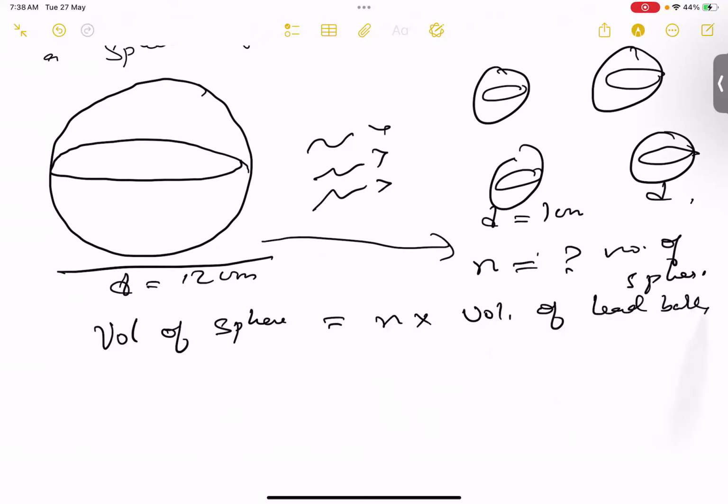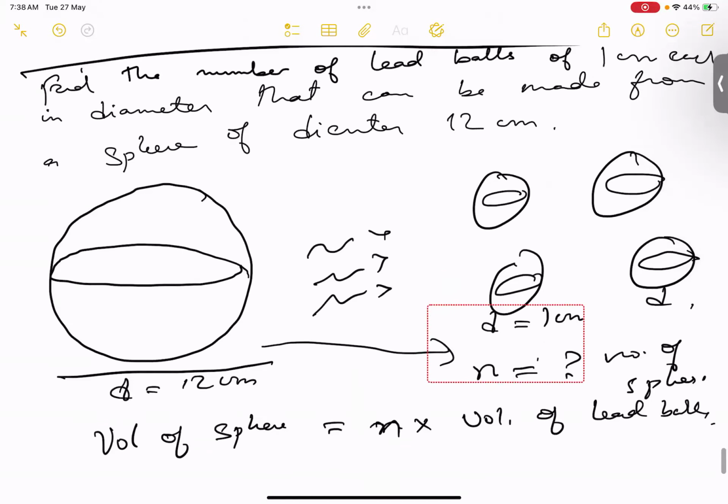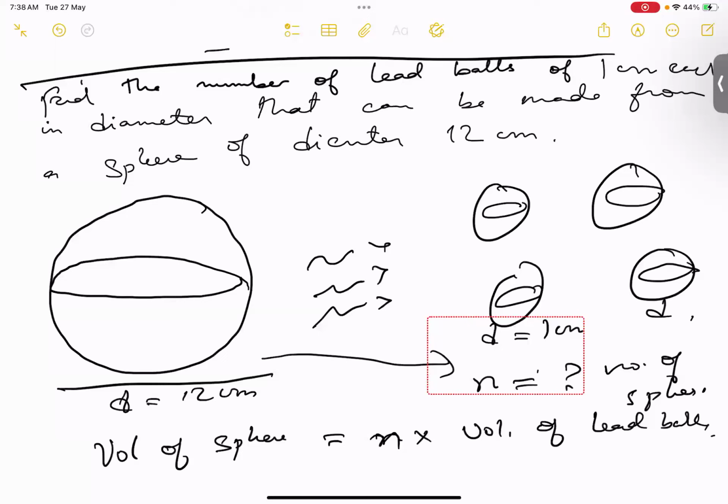So we just have to find n, where n is the number of lead balls that can be produced, okay? So kindly solve this question and let me know the answer also. Find the number of lead balls of 1 centimeter each in diameter that can be made from a sphere of diameter 12 centimeter.